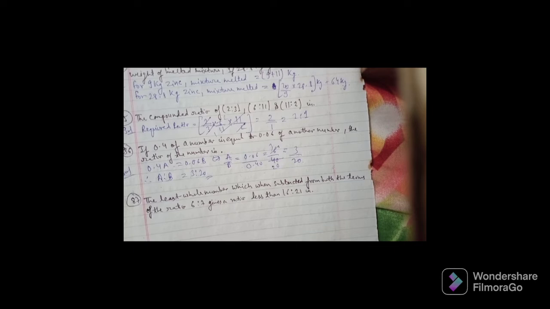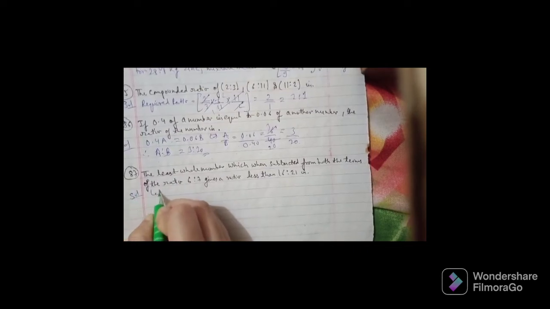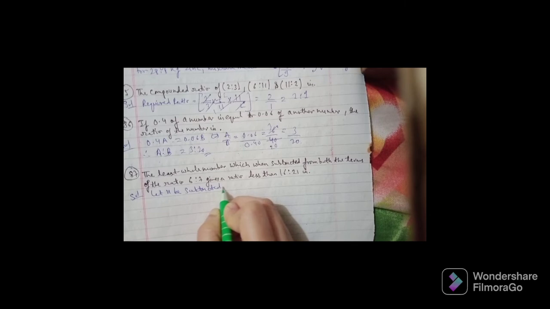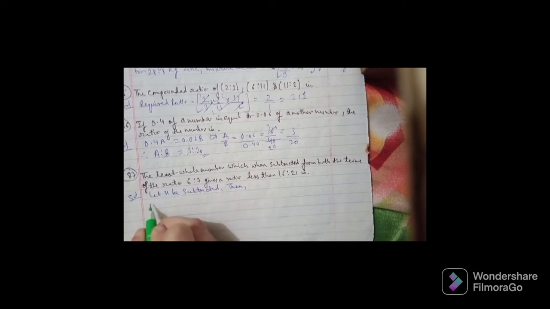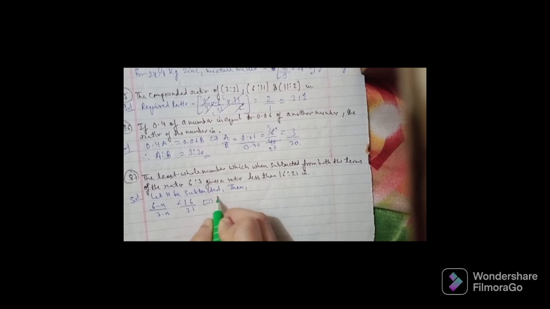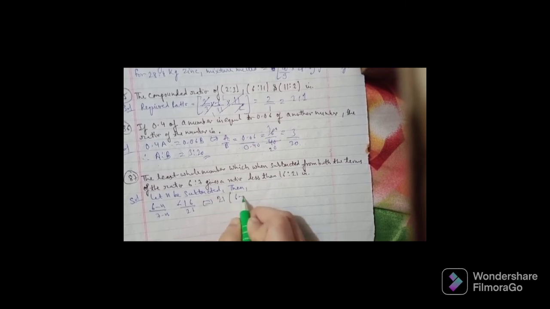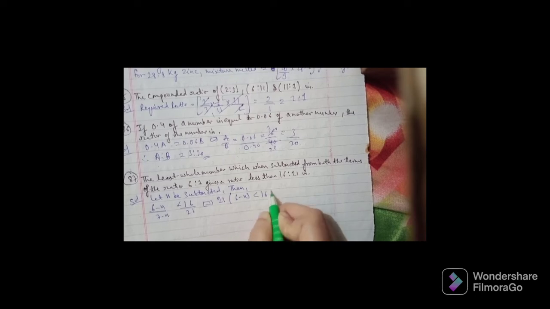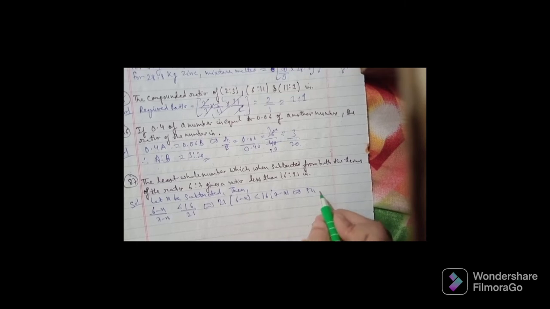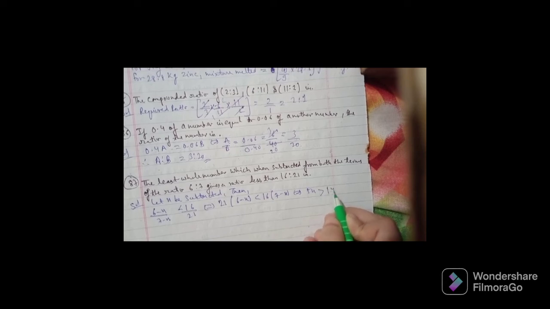Let's find it out. Let x be subtracted, then (6 minus x) upon (7 minus x) is less than 16 upon 21, that is 5x is greater than 14.